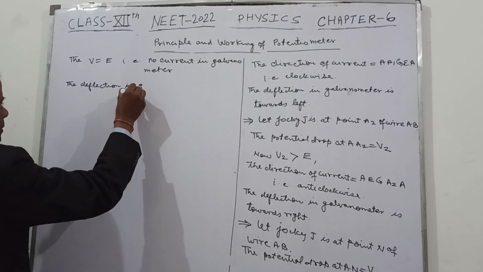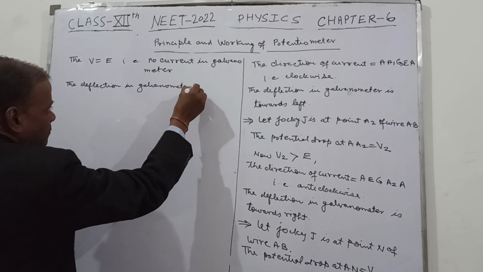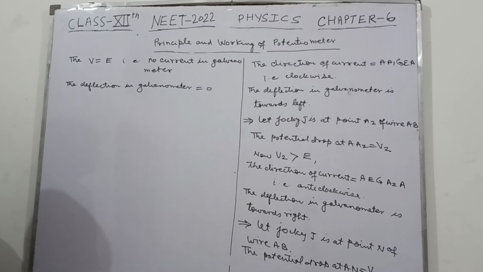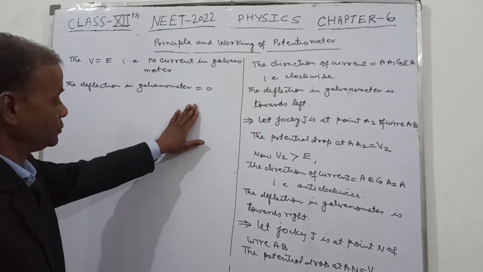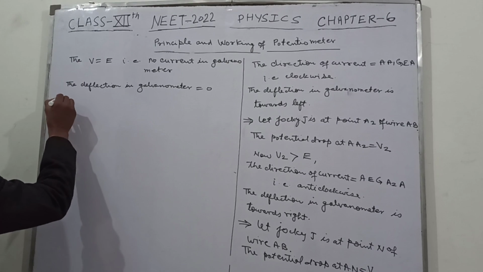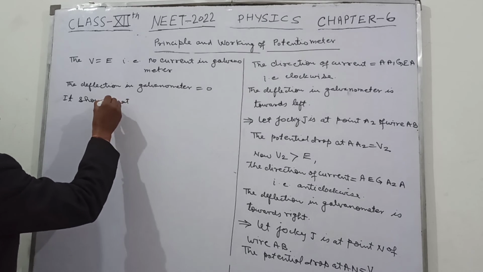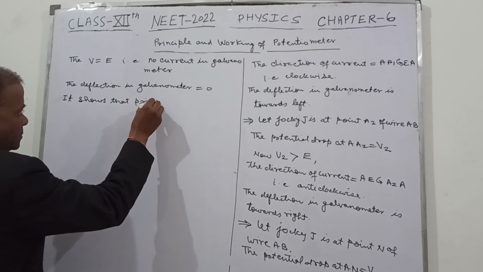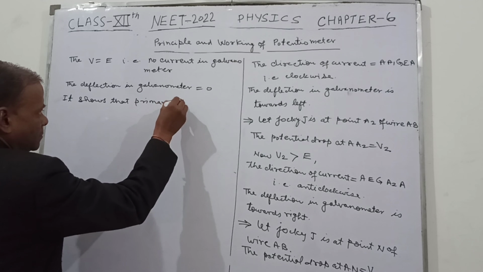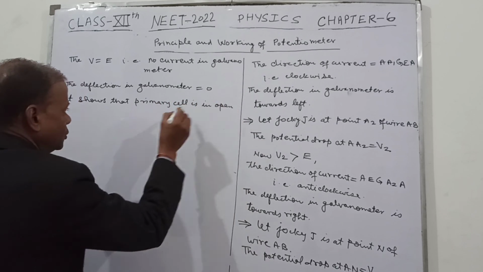Deflection in galvanometer is equal to 0. When deflection is equal to 0, it means that the primary cell is in open circuit.